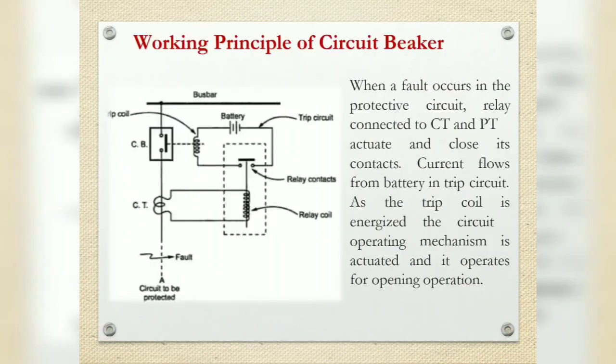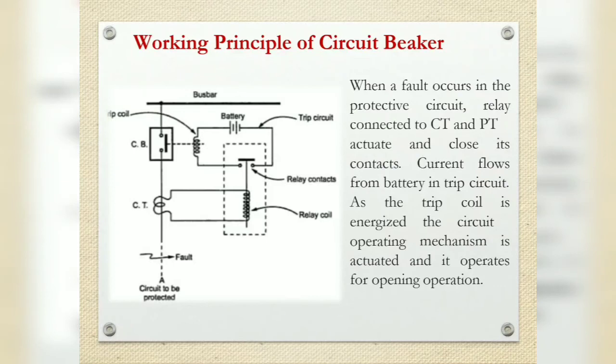So in this video lecture we studied the working principle of circuit breaker, the trip circuit. When a fault occurs in the protective circuit, the relay connected to the current transformer and the potential transformer actuates and closes its contact. So whenever the circuit current is more than our desired current, it operates a relay coil.